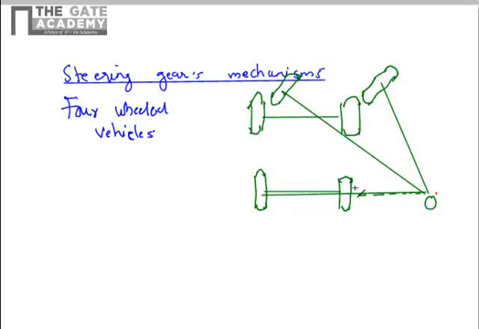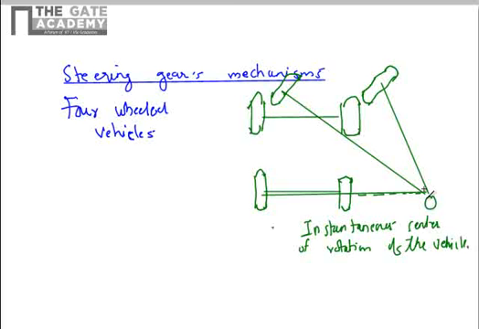So for all four wheels, if you draw a perpendicular line through the center of the wheel, they should come and intersect at the same point. This point is known as the instantaneous center of rotation of the vehicle.